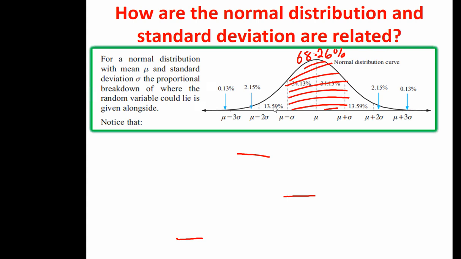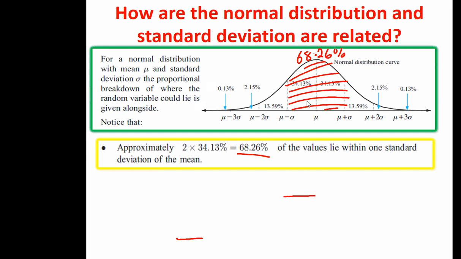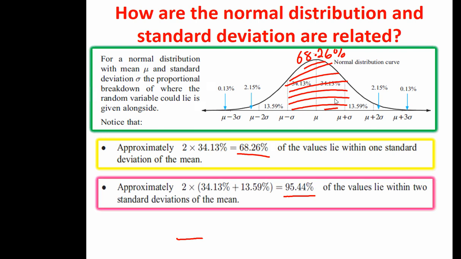The mean plus 2 standard deviations and the mean minus 2 standard deviations is a bigger amount. It would be that amount plus that one, plus that one, and so on. So notice that, back to here, 2 times 34.13, so about 68.26% of the values lie between plus and minus 1 standard deviation of the mean. Moving out to 2 standard deviations from the mean, approximately 95.44%.